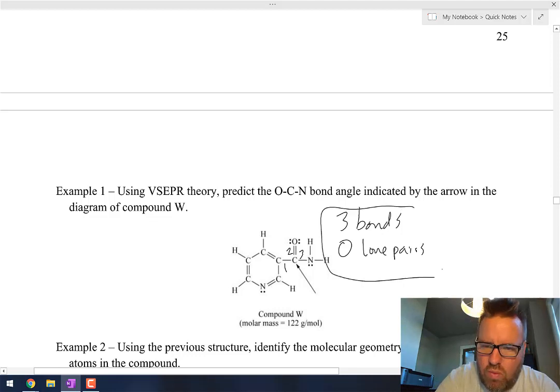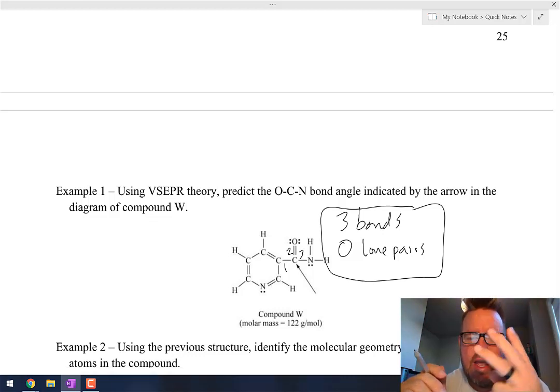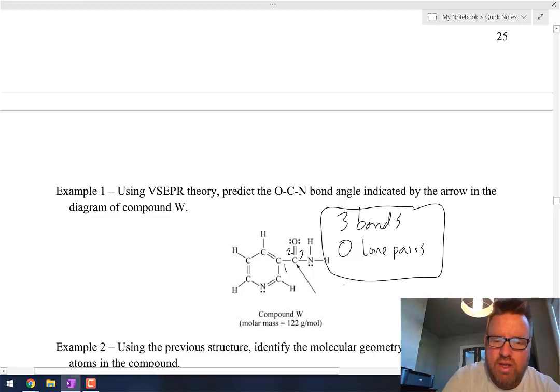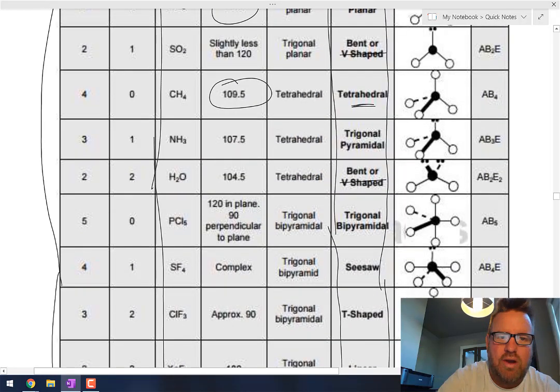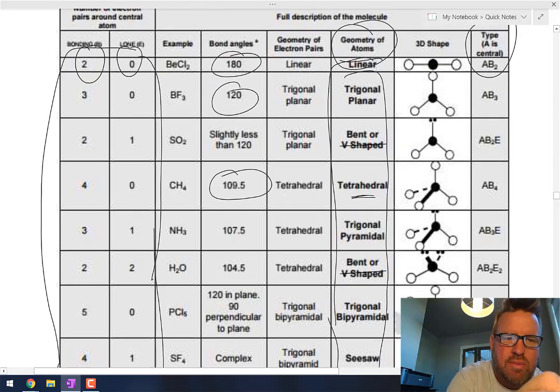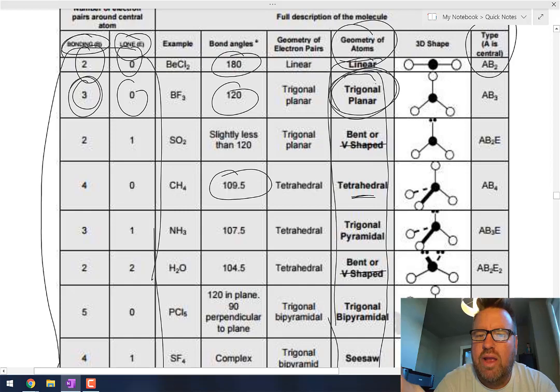Now we can use the table for now, but eventually we need to know that if an atom has 3 bonds and 0 lone pairs around it, the shape around that carbon is going to be called trigonal planar. Not 2 R's. Trigonal planar. I know that because when I come back up here, I see 3 bonding, 0 lone pairs, come over here, and that is a trigonal planar shape.